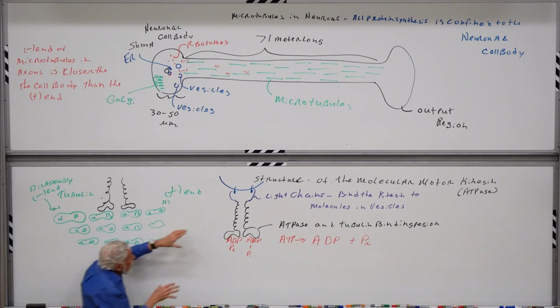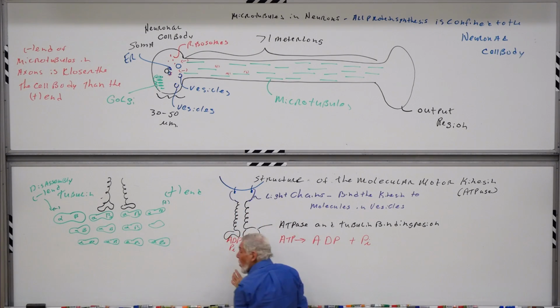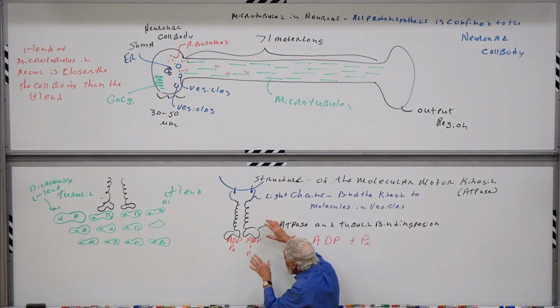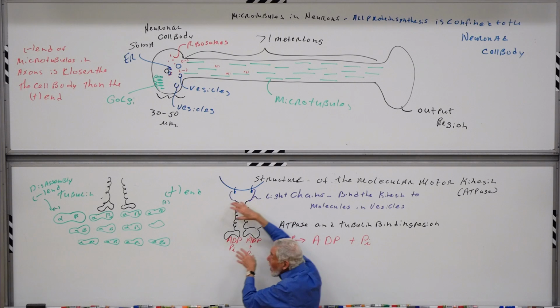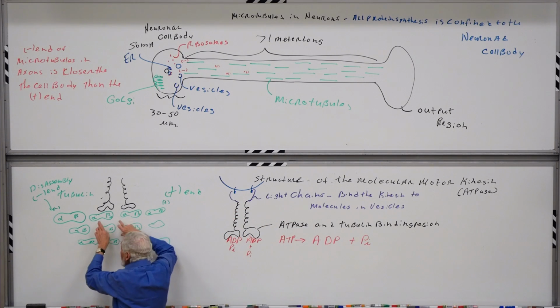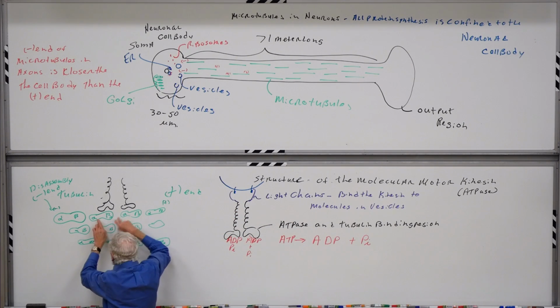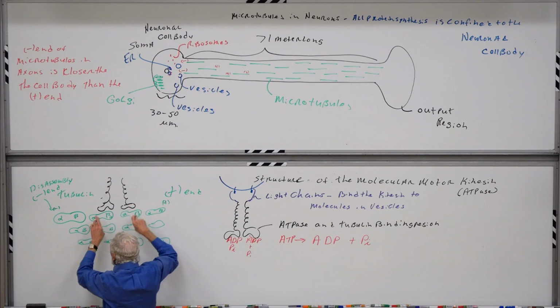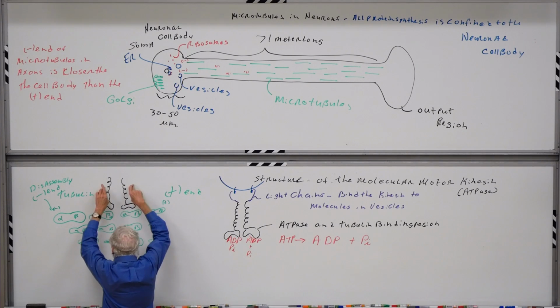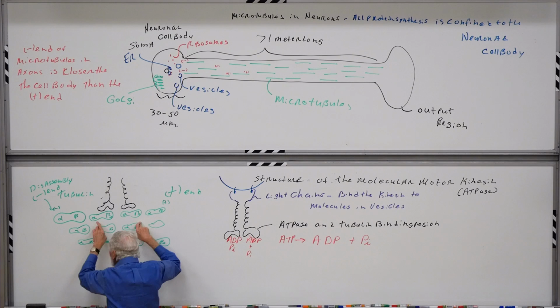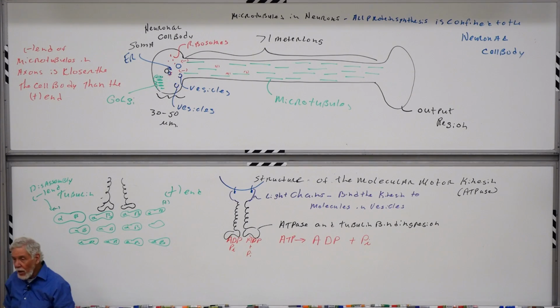So you can imagine this vesicle with its kinesin molecule, or several molecules probably attached, is sort of just vibrating around, wandering around. And when it comes close enough to one of these microtubules, then the stickiness of the feet with the microtubules will now allow the kinesin to stick to the microtubule. But that's not the end of the story.